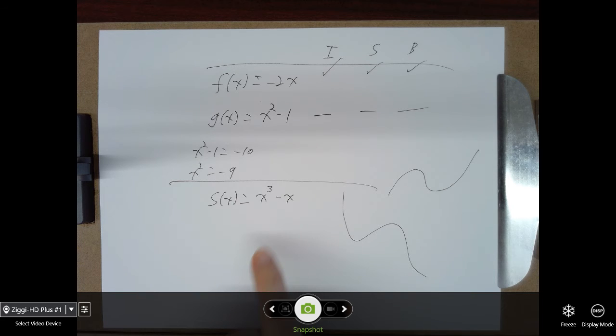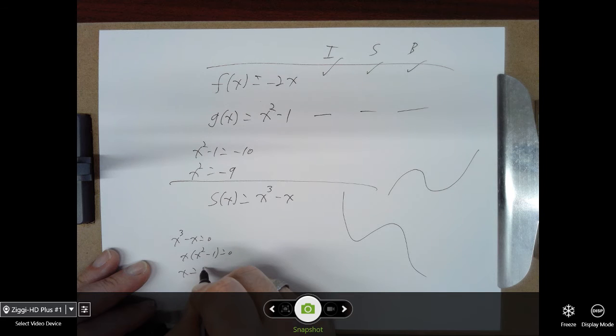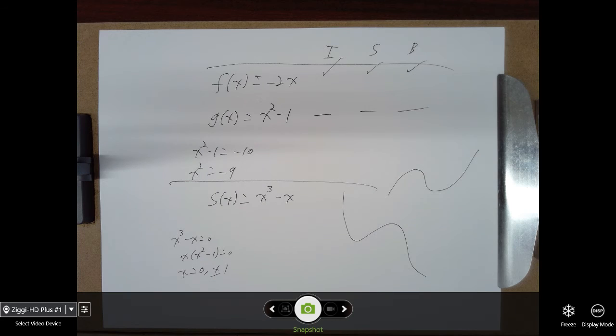Let's see, so if x cubed minus x equals 0, x times x squared minus 1 equals 0. Yeah. So there's 3 x values that all give you 0, right? You only need 2 of them. That's enough to say it's not injective.